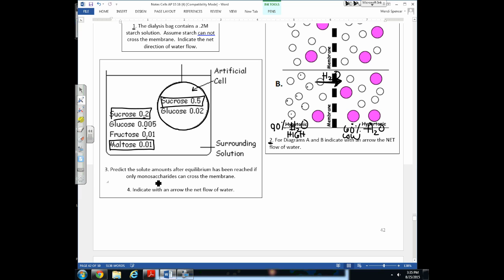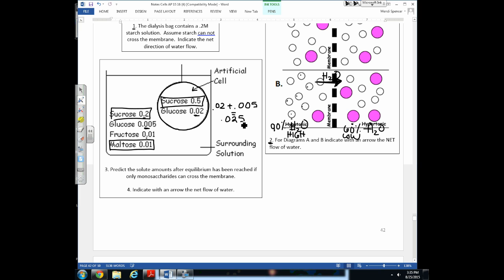And remember, all molecules, if they're allowed to move, are going to move until they reach equilibrium. So we need to determine what would be the amounts of glucose outside and inside the cell once it's reached equilibrium. To do that, let's figure out the total amount of glucose that we're dealing with. So we're simply going to add these two amounts together. So 0.02 plus 0.005, and that equals 0.025. So we have that to split between the two different solutions.